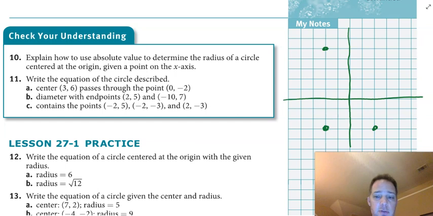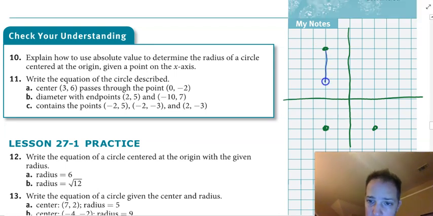All right, so for 11C, I went ahead and graphed the 3 points at -2, 5, -2, -3, and 2, -3. Remember, if this was a triangle, we could do perpendicular bisectors to find the circumcenter, and that point is going to be an equal distance away from all 3 points. That's what we want for the center of the circle. So instead of drawing a triangle, I'm just going to do the perpendicular bisectors of these.